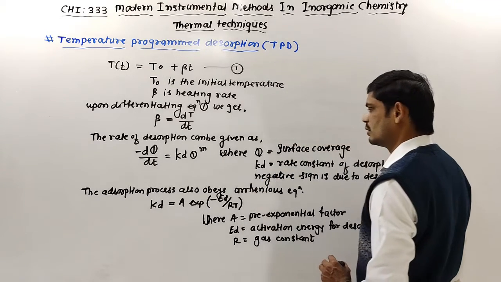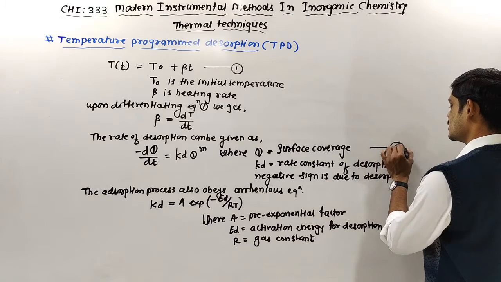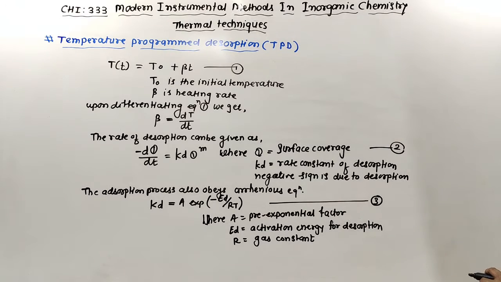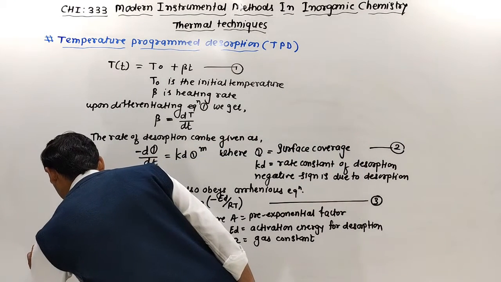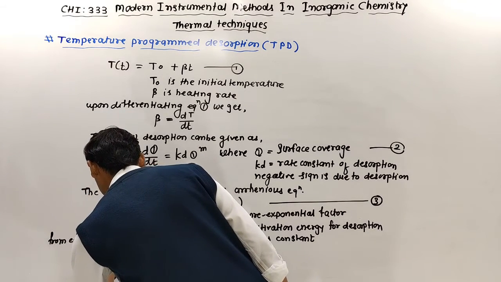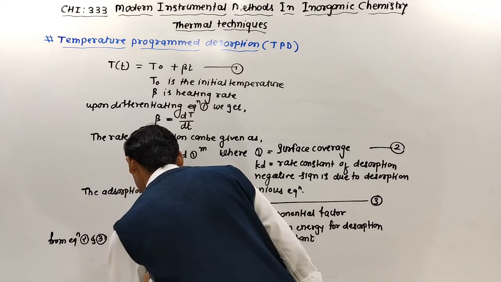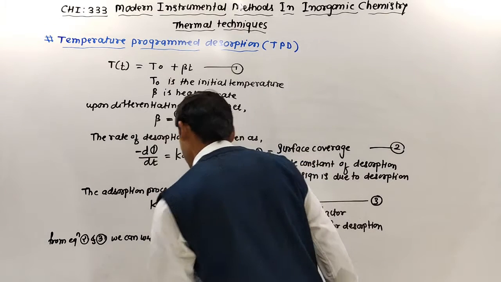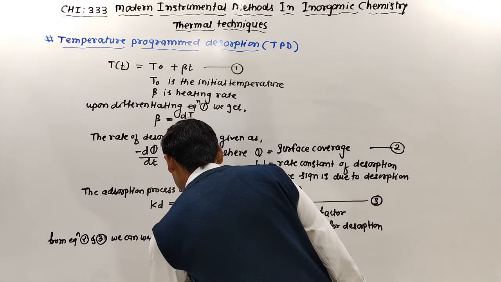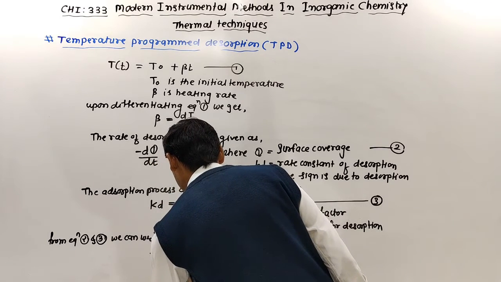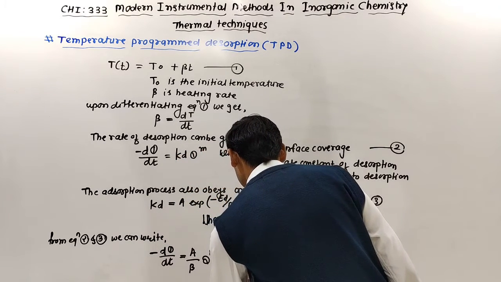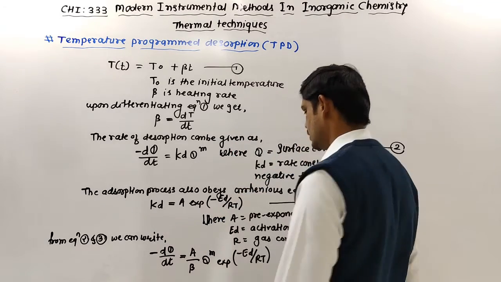Now suppose this is equation number 2 and this is our equation number 3. From equation number 2 and 3 we can write a new equation: minus d theta upon dt is equal to A upon beta, theta raised to m, exponential of minus Ed upon RT.